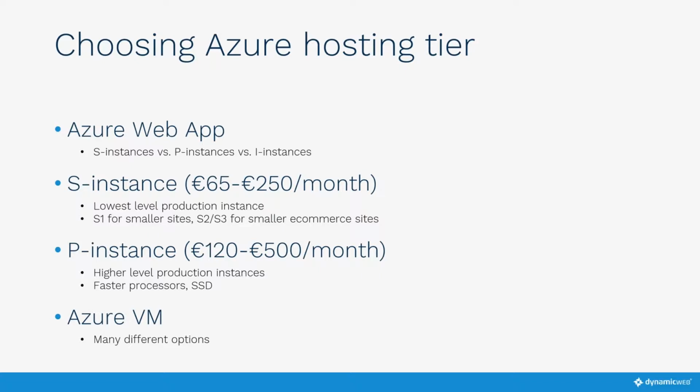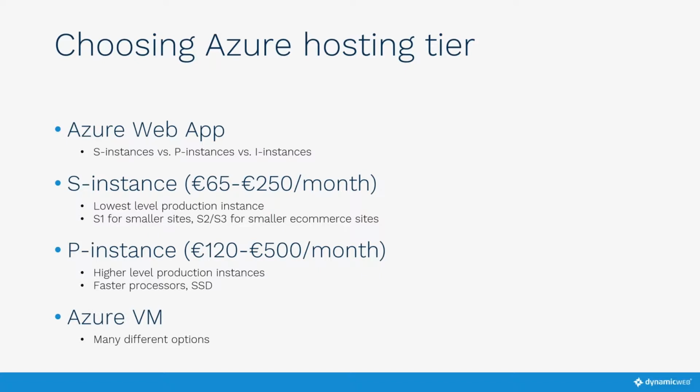S2 and S3 could be considered for smaller e-commerce sites without too much load, and if you only do an indexation once a day and stuff like that, this is also a suitable one. Once you hit a little bit of size in your website, you need at least a P1 instance, which starts at 120 euros.